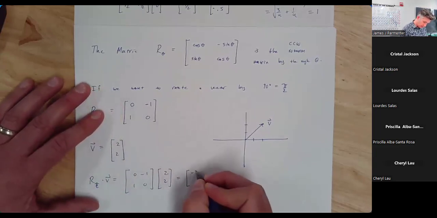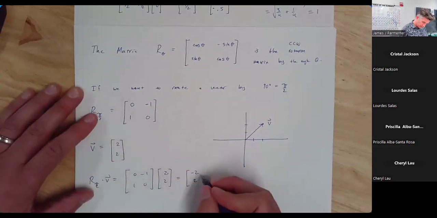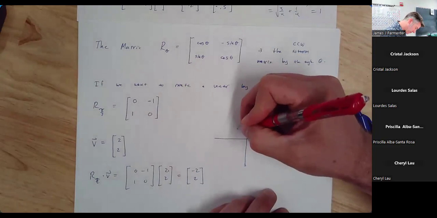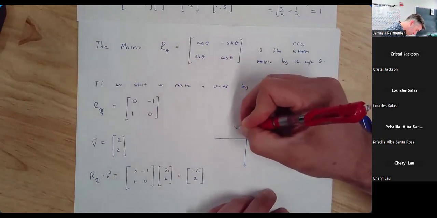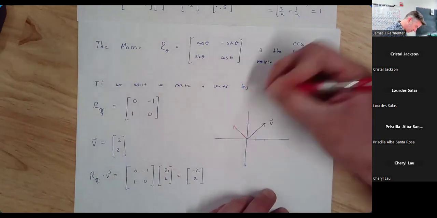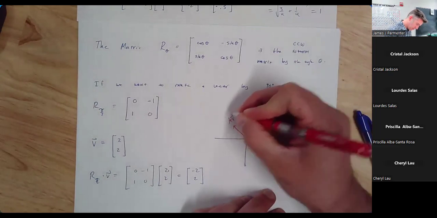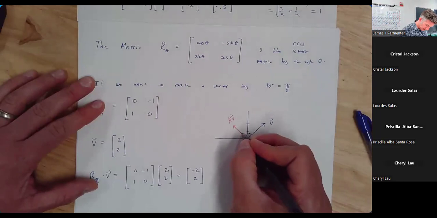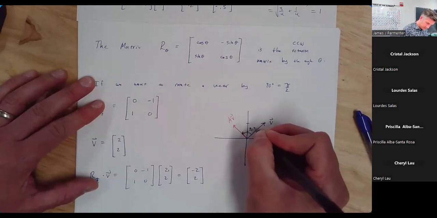Cool, it's going to work. And 2 plus 0. So here's the vector, which is just left 2 and up 2, and it certainly has rotated exactly 90 degrees counterclockwise.